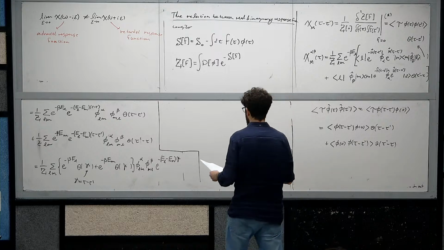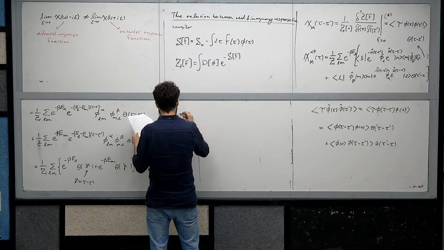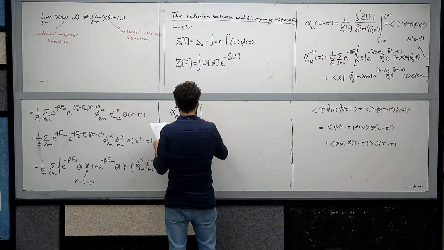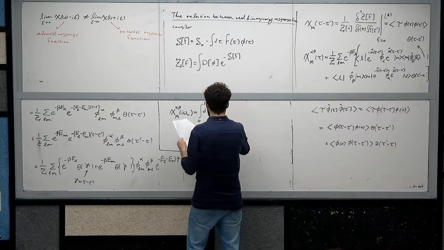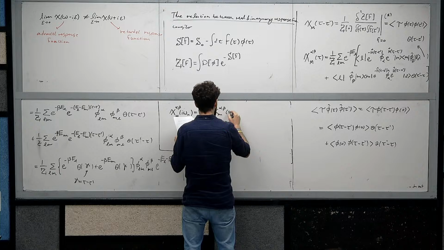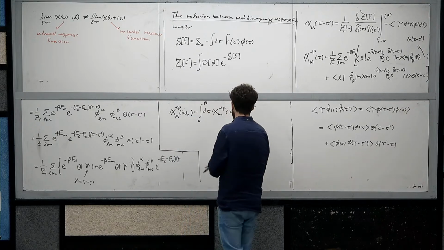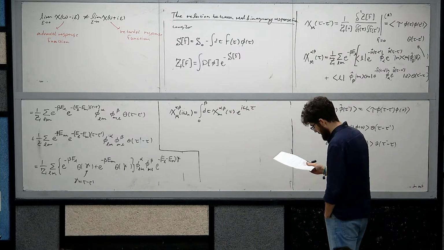And that implies that I can write chi_m of i omega_n, Matsubara frequencies, alpha beta, is equal to an integral from 0 to beta d tau chi_m alpha beta of tau e to the i omega_n tau. Okay, because this is inherently periodic.